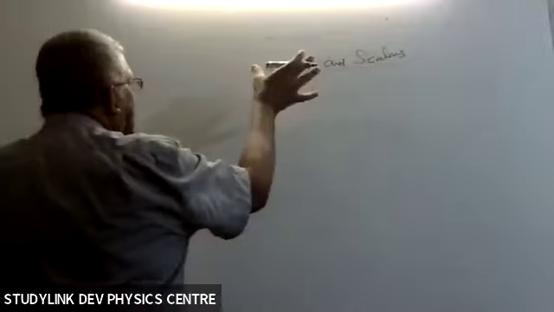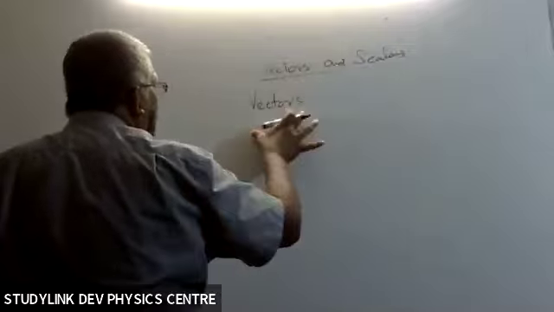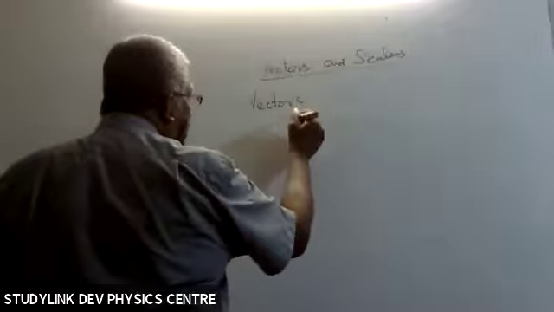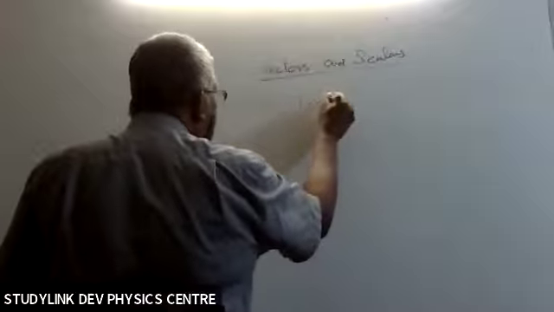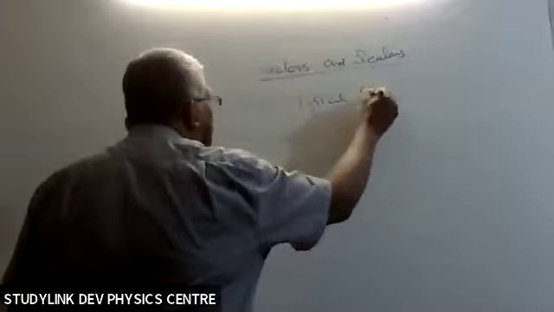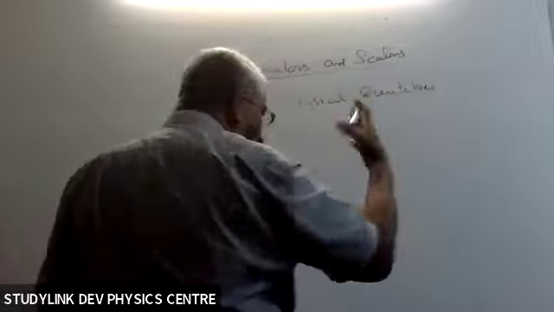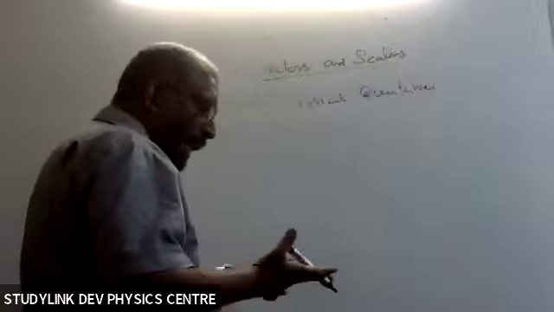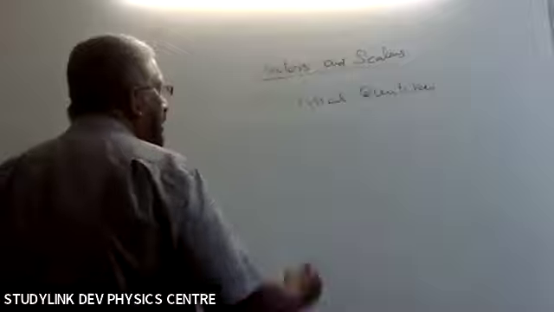Here, vectors and scalars are physical quantities. Anything we consider, all the things, mass, length, speed, all are physical quantities.